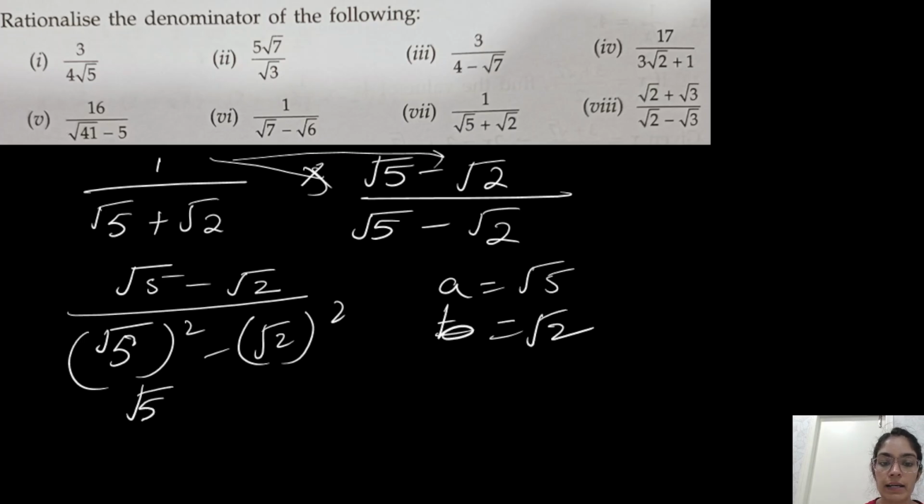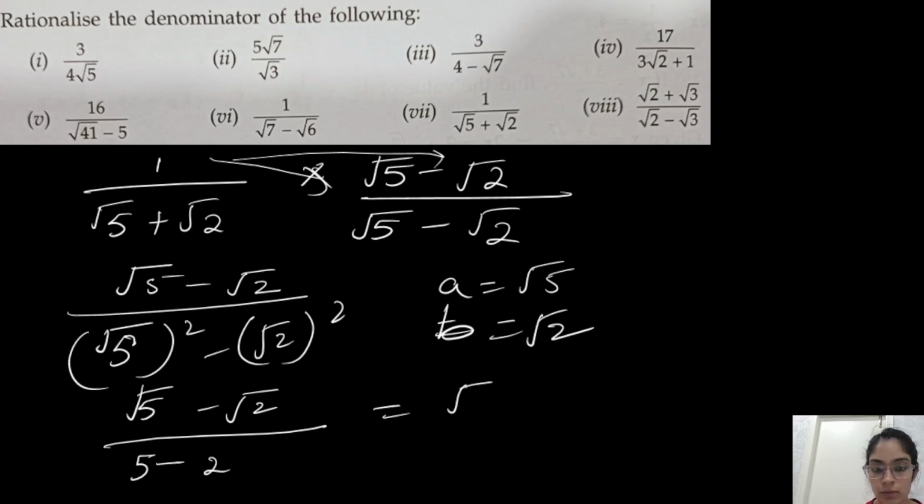So root 5 minus root 2 as it is will come, because we can't further add or subtract them, both are unlike. Root 5 square is 5 minus 2, so its answer will be root 5 minus root 2 by 3. I am writing individually like I have told you. With this we have completed this question as well.